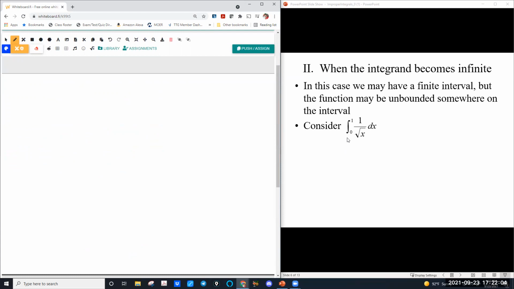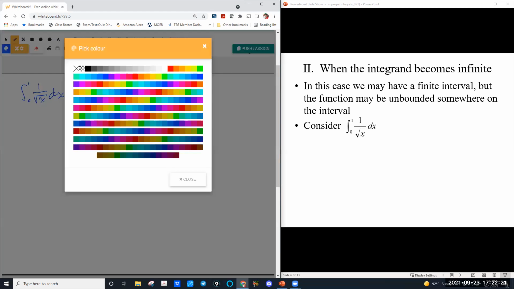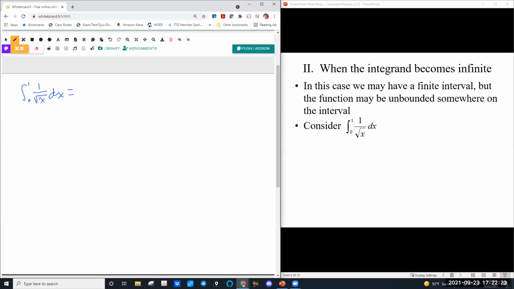The problem is we can't divide by 0, so this is not continuous at 0. So let's talk about how we handle this. 0 to 1, 1 over square root of x dx. Once again, what we do is we replace the problem child with a letter. 0 is the problem, so we replace it with A. 1 is not the problem.